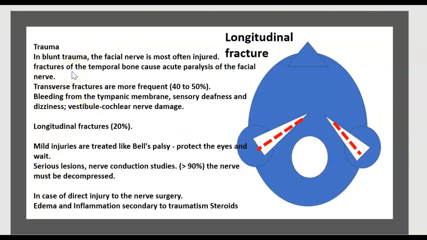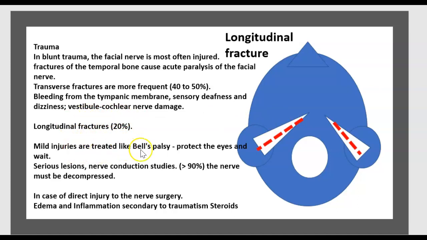In blunt trauma, the facial nerve is most often injured. Fracture of the temporal bone causes acute paralysis of the facial nerve. It could be a transverse fracture or a longitudinal fracture. Transverse fracture in 40 to 50%, longitudinal fracture in 20%.